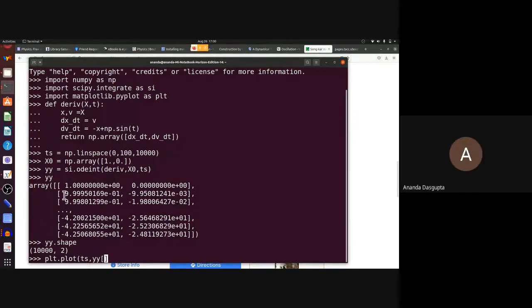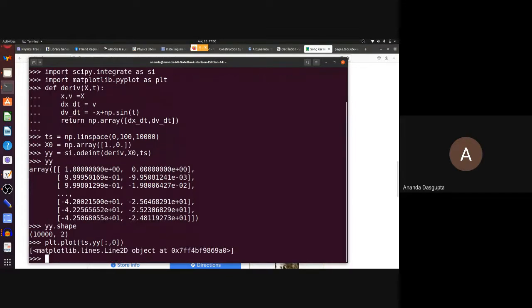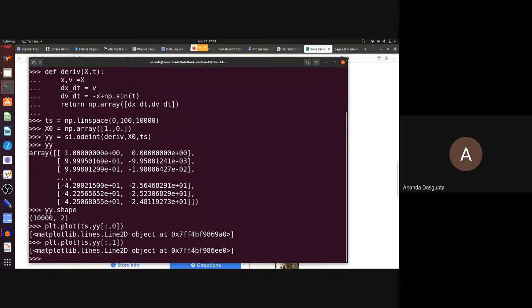Well, 0 will just give you this. What you want is this. You have to give both indices, i and j. You have to say j is 0, and for i you give this. There's an empty slice, which means take the whole thing. So this takes the entire column. This gives all the values of i, and j is fixed at 0. So that's one line, and if I want the v as well, that's another line.